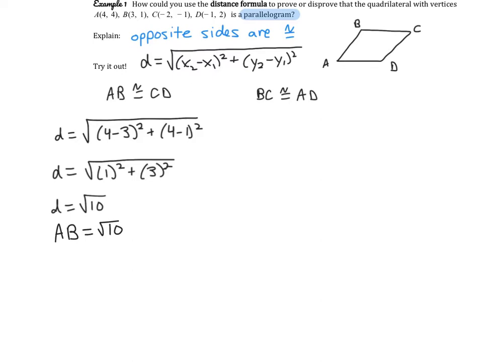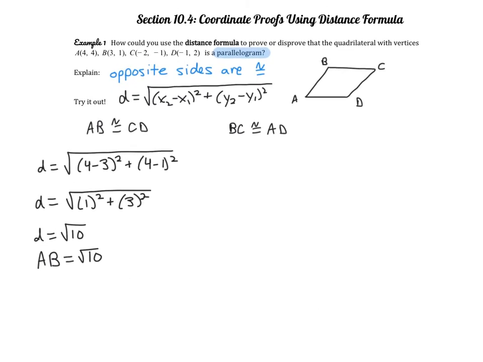Okay, let's see if it's the same for CD. So we know for CD we're using these two coordinates. So here we'll do x2 minus x1. So remember, when I'm subtracting a negative, I'm actually adding, and then we'll square it.